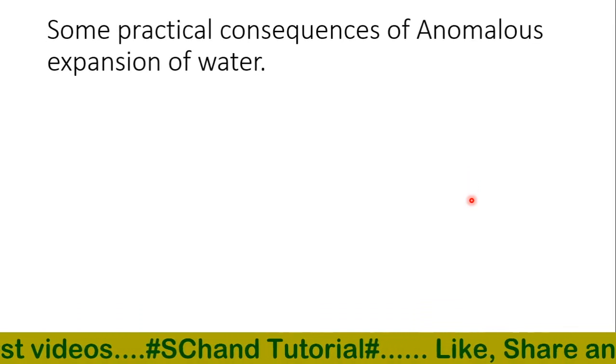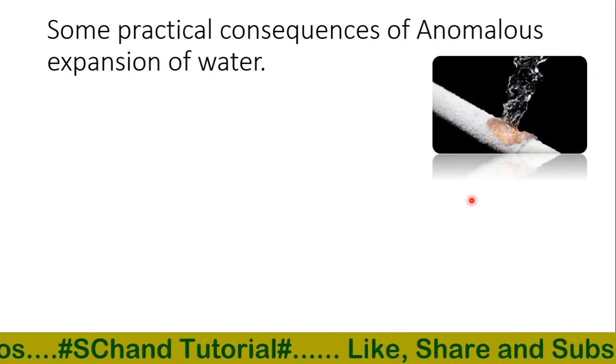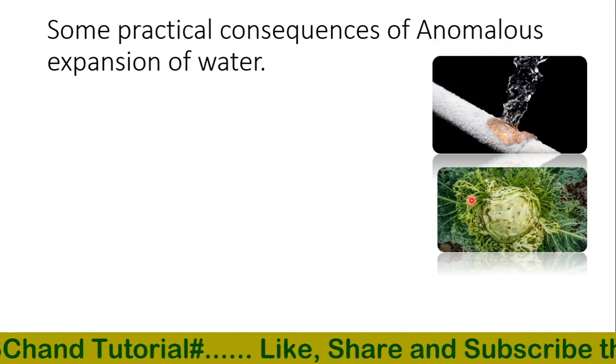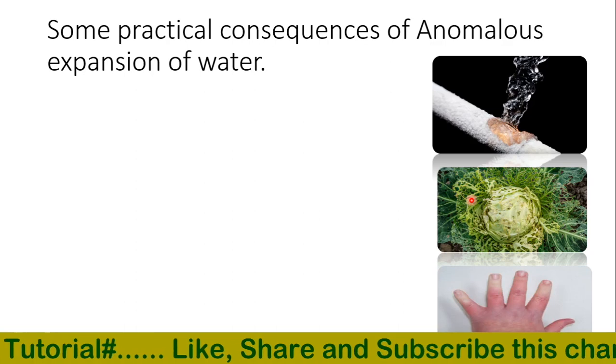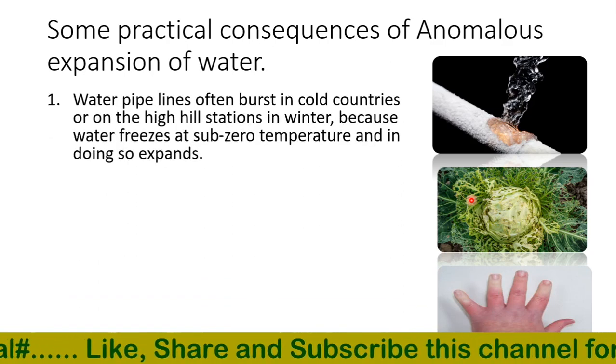Then we have some other practical consequences of anomalous expansion of water, like the bursting of water pipes, the spoiling of our vegetables and fruits, and frostbite.